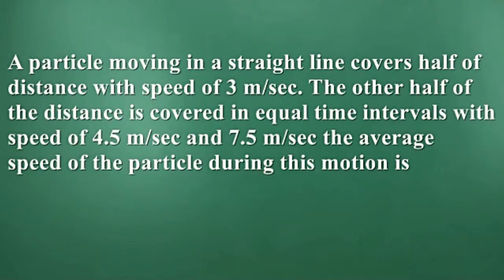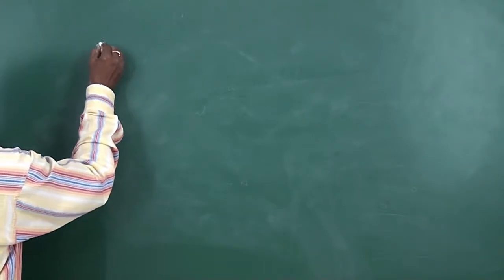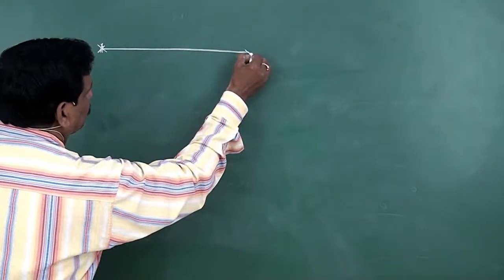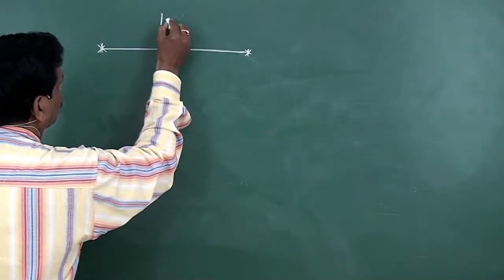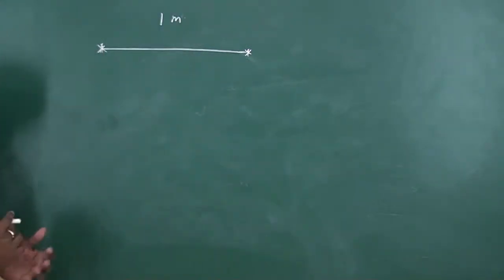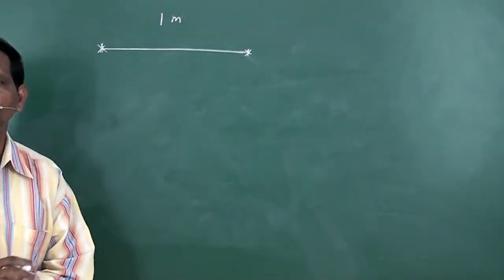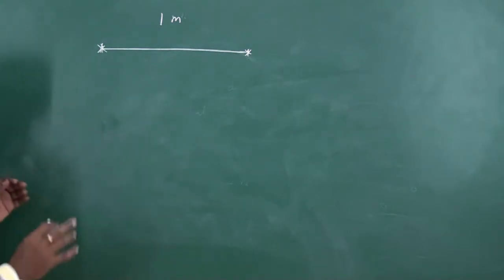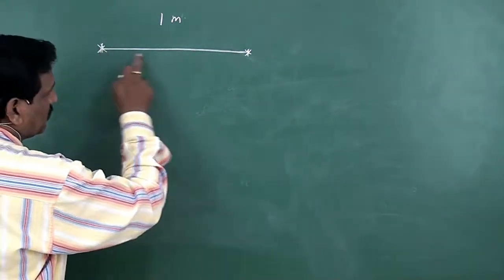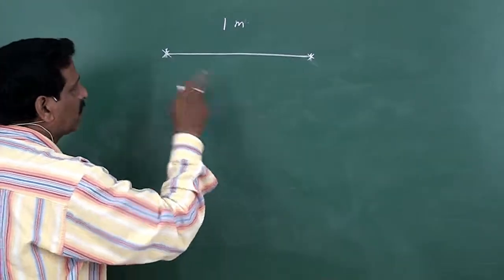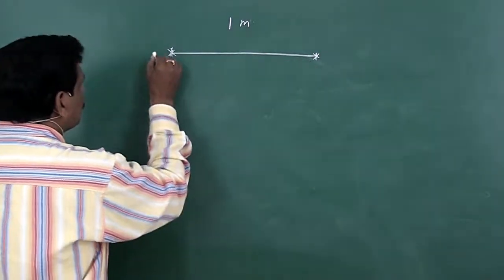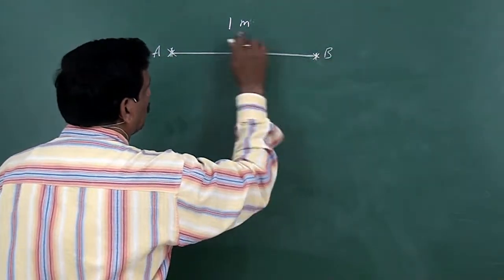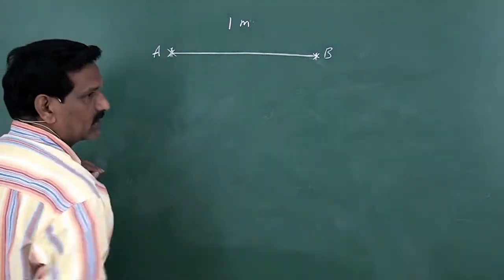So, here, because the speeds are given in terms of meter per second, we have to assume the total distance for this journey as 1 meter. You just assume like that.